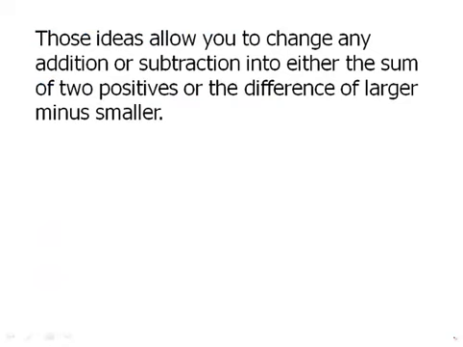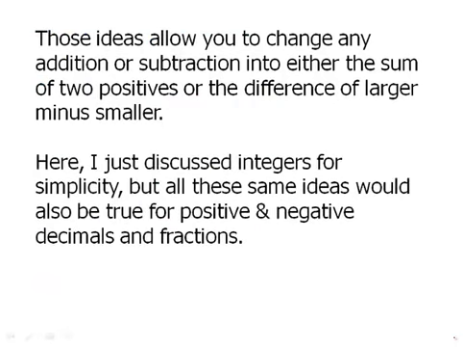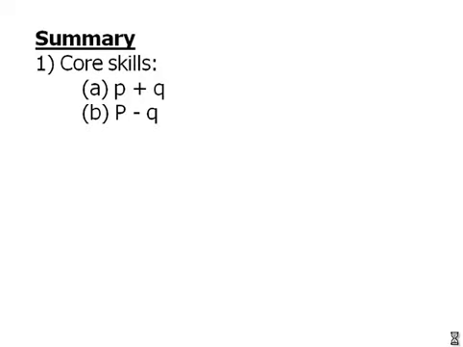These ideas allow you to change any addition or subtraction to either the sum of two positives or the difference of larger minus smaller. Here I just discussed integers for simplicity, but all these same ideas would also be true for positive and negative decimals and fractions. The core skills are addition of two positives or larger positive minus smaller positive.